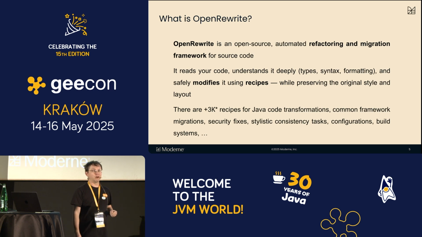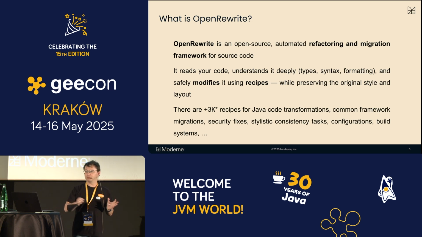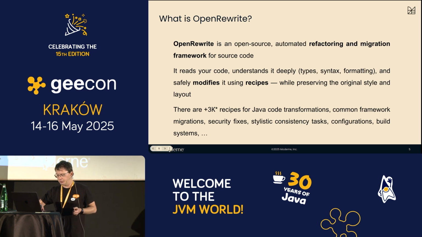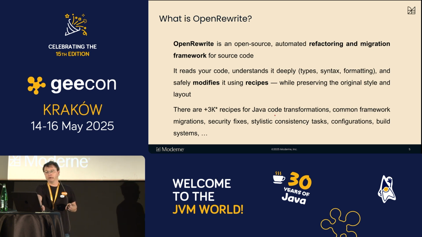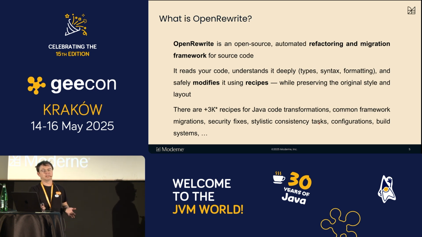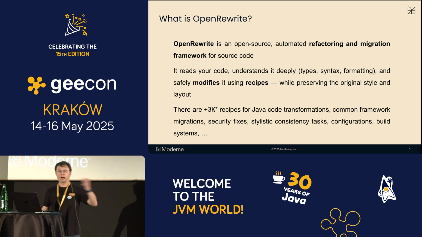We have more than 3,000 different migration recipes for Java, and not only for Java. They allow you to apply different transformations: common framework migration, security fixes, static code analysis, also dealing with configuration files, YAML, and also build systems, Gradle, Maven, and so on. So a lot of stuff around this.